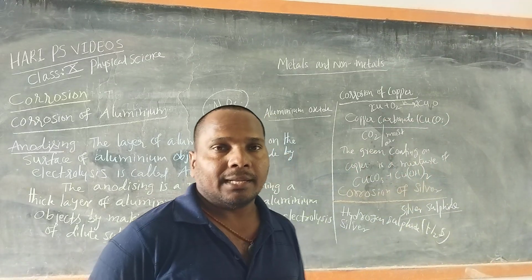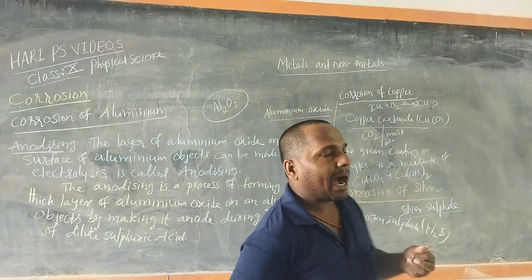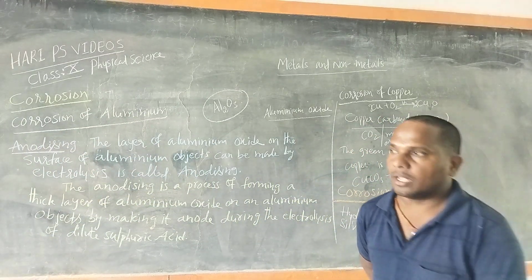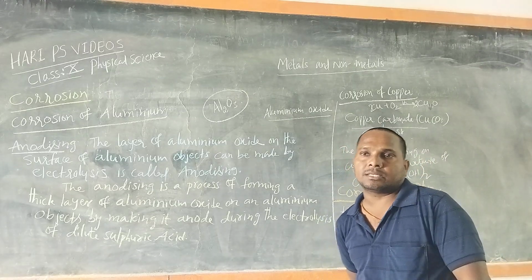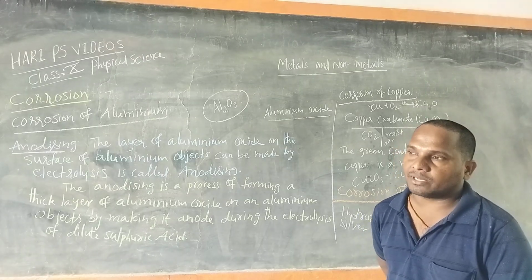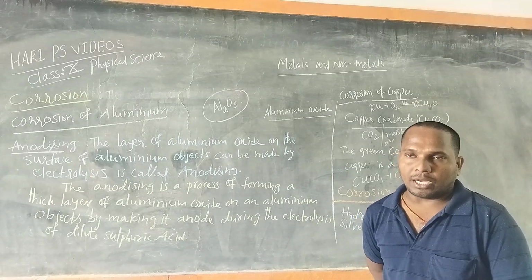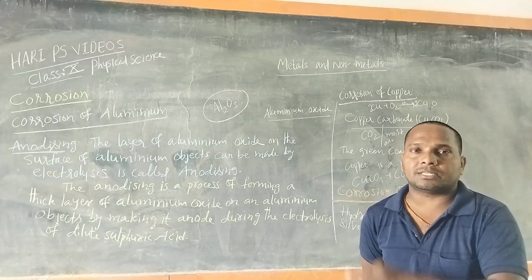Gold and platinum are very low reactive metals with oxygen and atmospheric conditions, so they won't corrode, and they have a bright shiny surface.